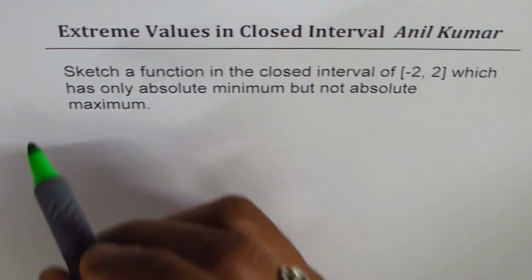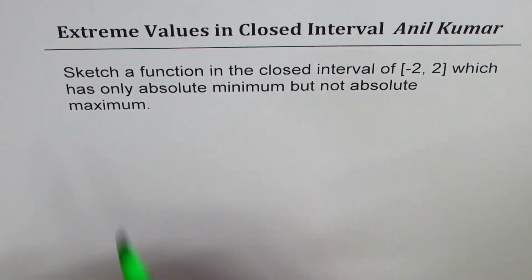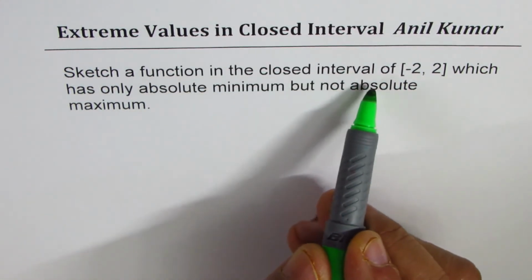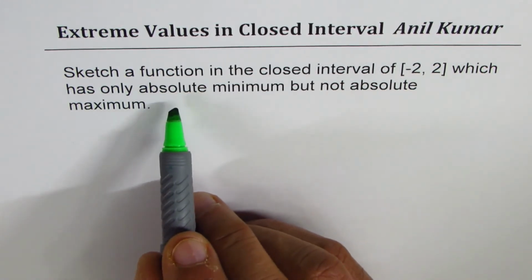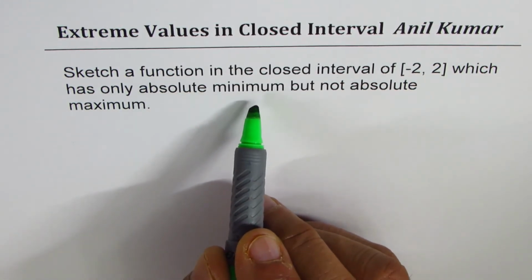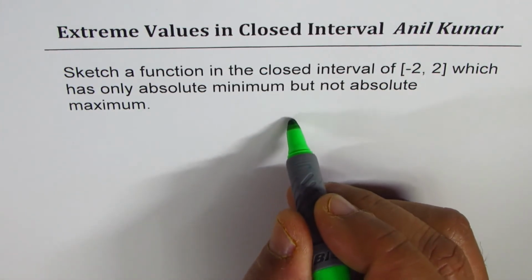But the question is, read it again. Sketch a function in the closed interval of -2 to 2 which has only absolute minimum but not absolute maximum.